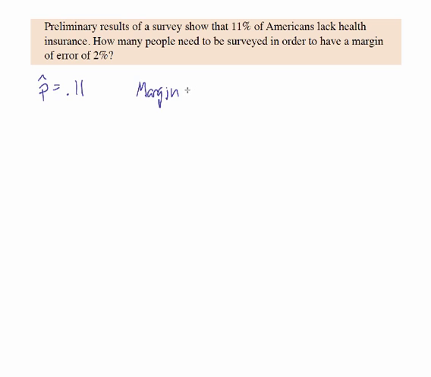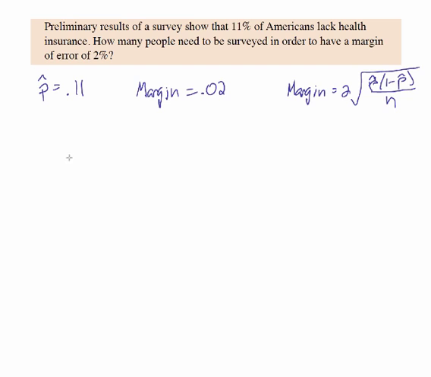Well, in our notation, that means we want the margin of error to be 0.02, which is the decimal equivalent of 2%. So now we're going to use our margin of error formula, which I will remind you is 2 times square root of p hat times 1 minus p hat over n.